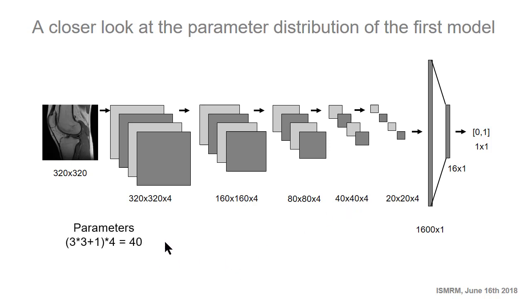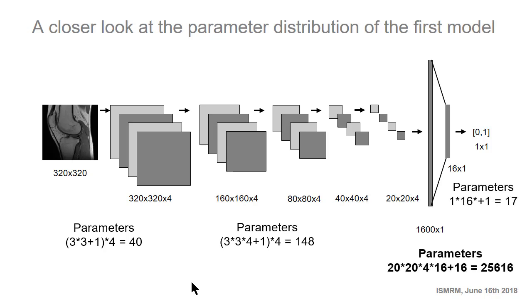We have a reasonably small number of parameters in our convolutional layers, a little bit more in the later layers because the dimensionality of the feature space is 4, because we have used that number of filters, also like Daniel described before. But then we have more than 25,000 parameters in our fully connected layer. So that means more than 98% of our parameters are there.